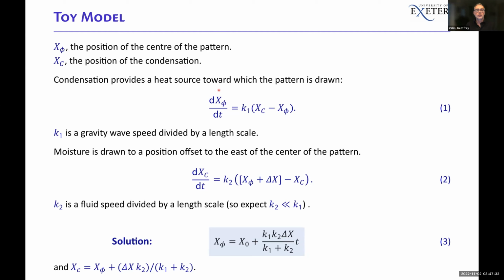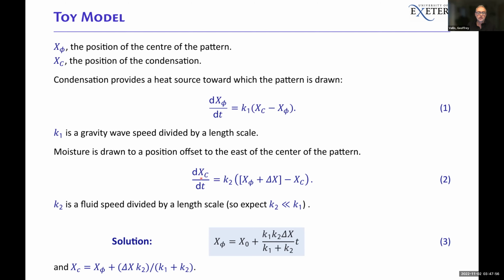So the position of the pattern is relaxed towards the center of the condensation. That's what this equation is. But the moisture is drawn to a position which is offset to the east of the pattern. So that's what this equation represents.